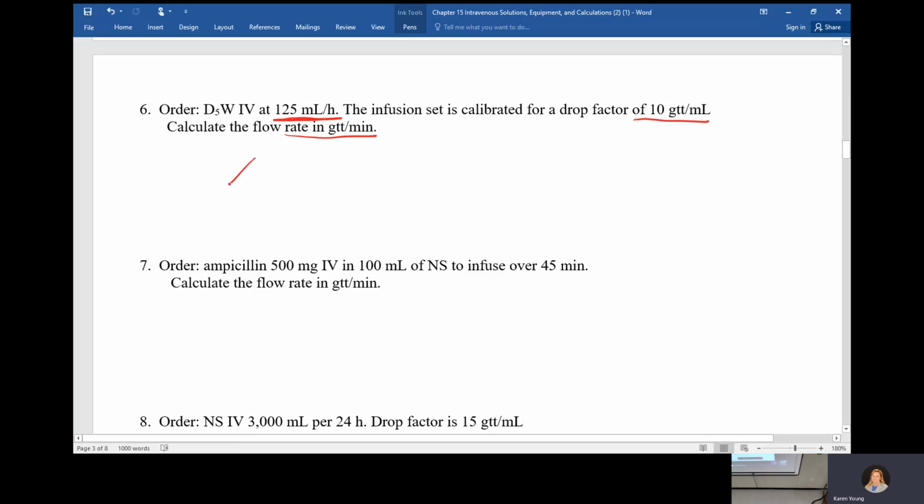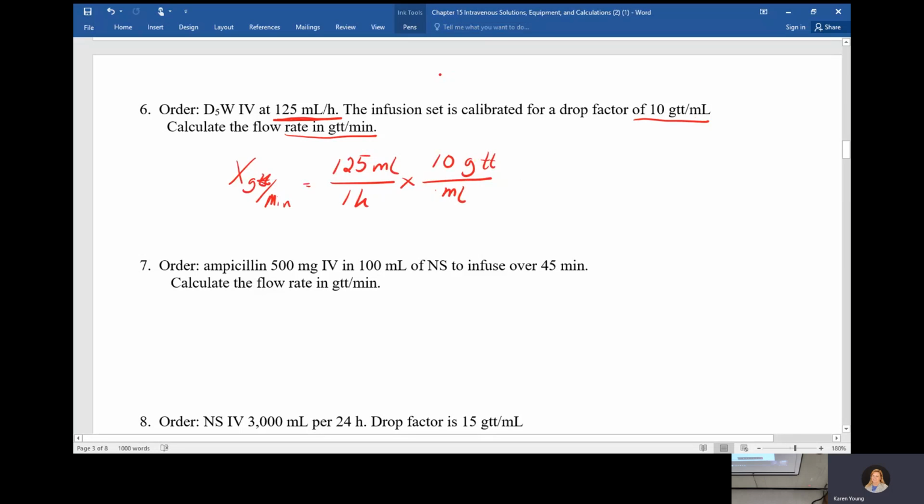All right, so I need drops per minute. Sometimes my GTT looks like GA, so I apologize, my handwriting's bad. So I have 125 milliliters over 1 hour times my drop factor, 10 drops per milliliter.